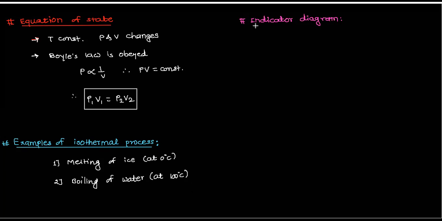So in this process we have already learned what type of equation you got, PV is equal to constant, right? So you will get the curve which indicates Boyle's law. Yes or not? So let's see how it will be.